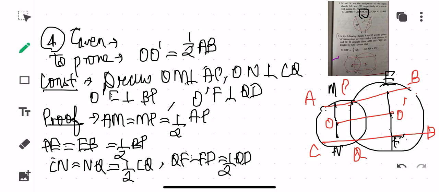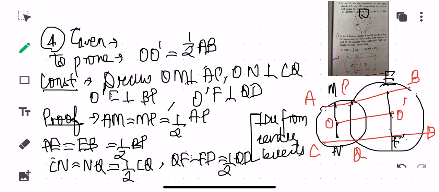And the reason you will be specifying is: perpendicular from center bisects the chord. So this is the reason you will be writing. So this is what you are getting.